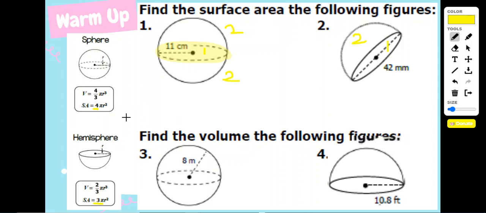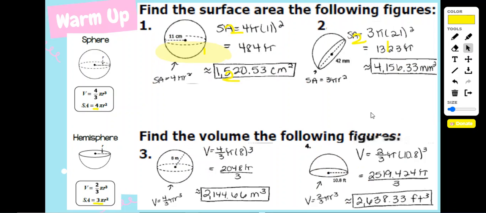A similar relationship exists between sphere and hemisphere for volume, but since we're not worried about surfaces, it's literally just half. Okay? So your answer should be as follows. If you need to pause it so that you can check all of your work or discuss it with a neighbor, please feel free.